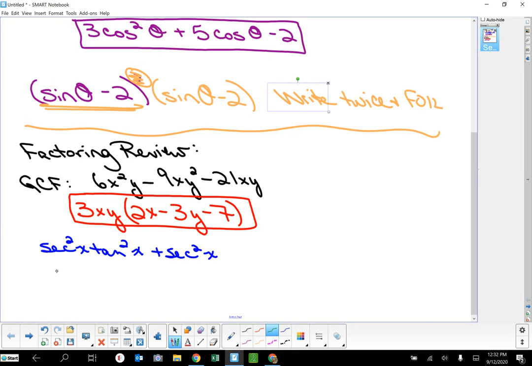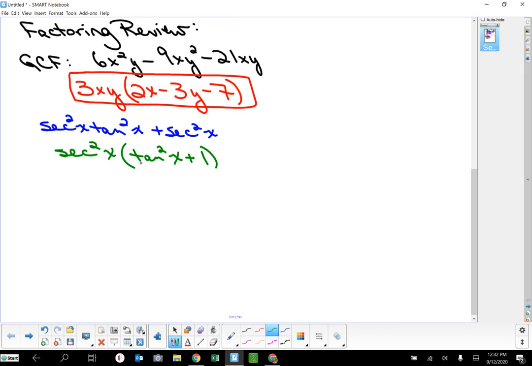So we can take a secant squared from each of those terms, and that leaves us, out of the first term, a tangent squared x, and then a 1, because we took the secant squared out of here, but we have a 1 left over, right? And you can re-multiply and get what you had left over. And that would be the factored form of that.